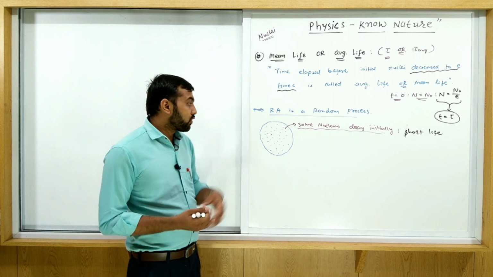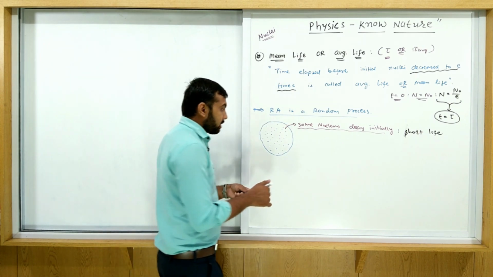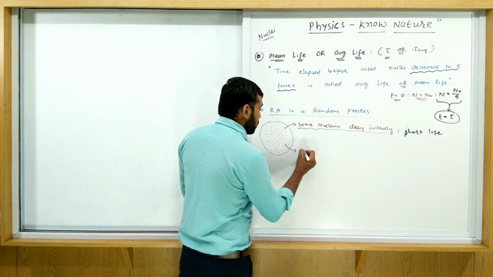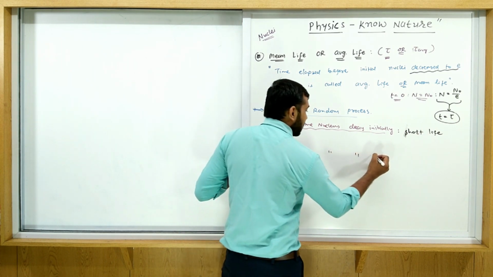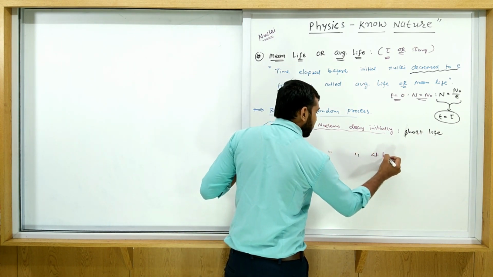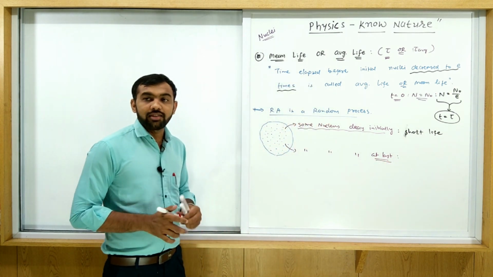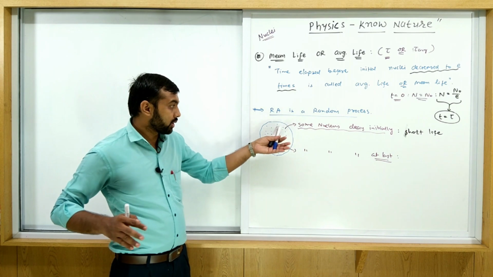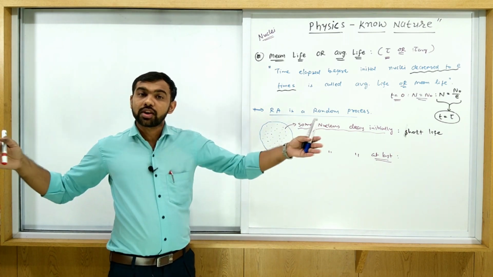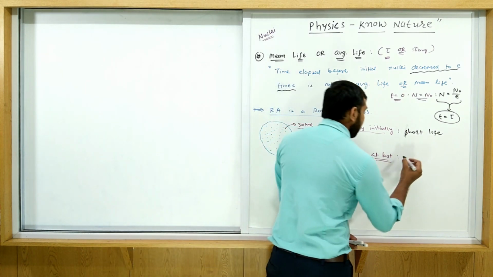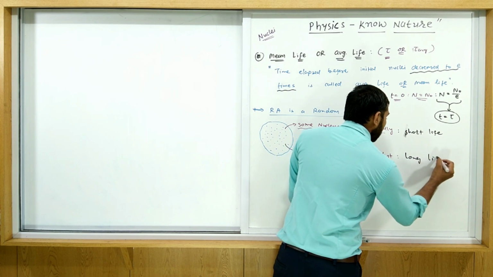Some decay initially and some decay at the last. So the last decayed nucleus has a long life. Some have a short life, some have a long life.